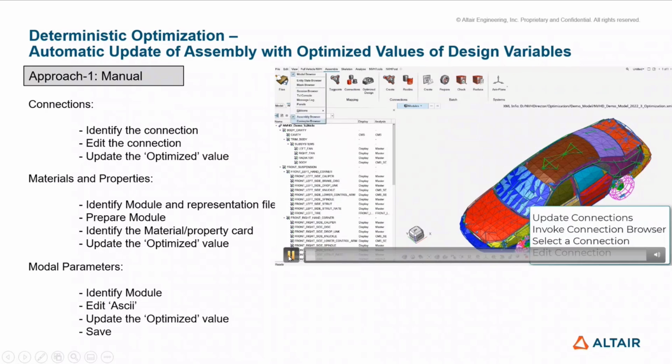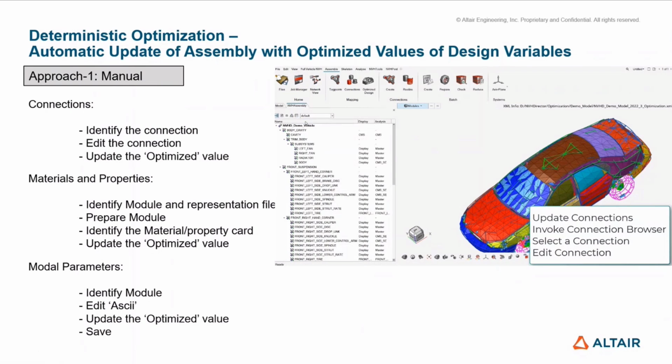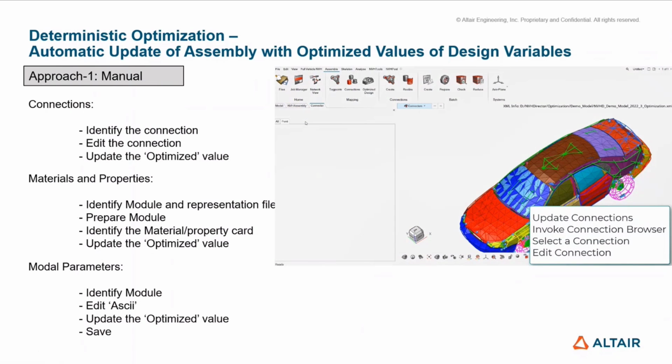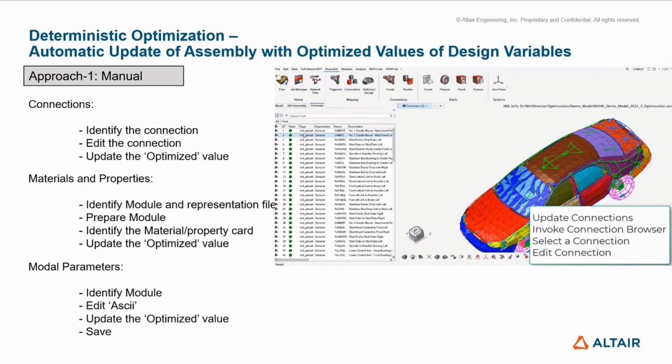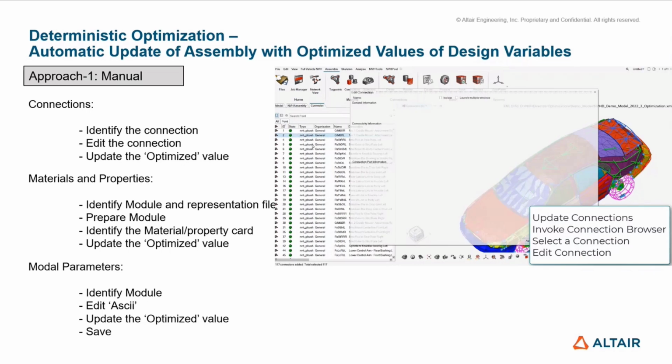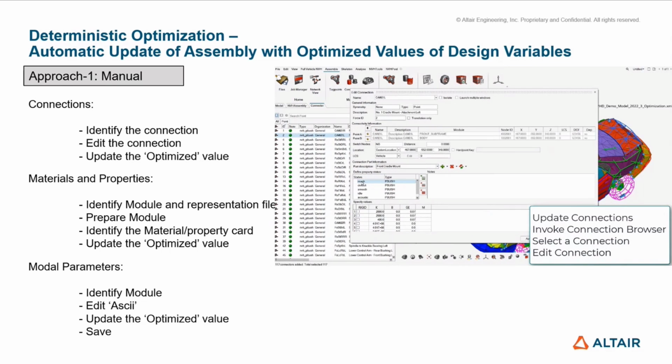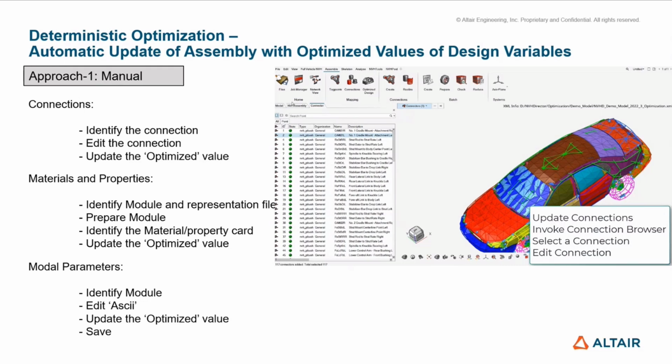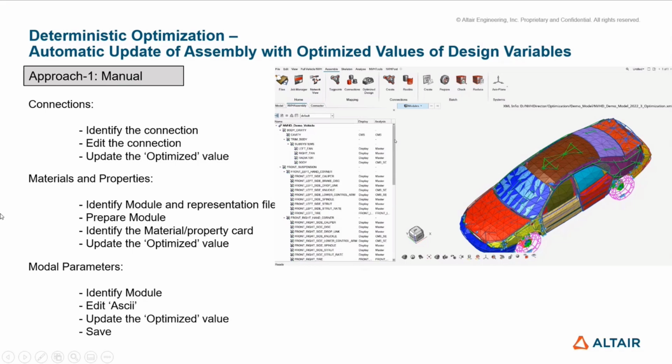You open the connection browser. You select a connection; you should know that this was the connection used as a design variable. You click the edit connection button. You select a property, and you literally go and change the values there manually. So this is how the update of the connections happens.